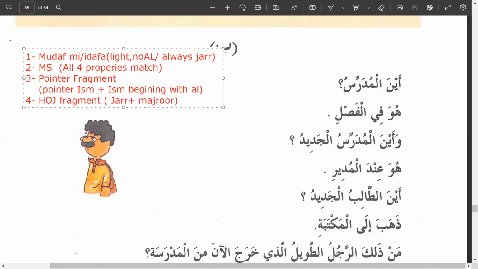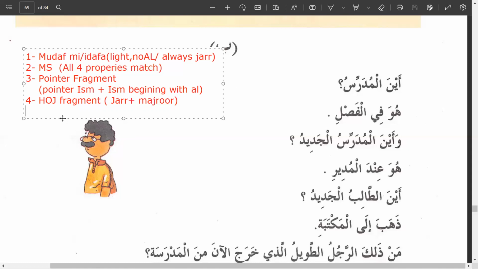The first word is harf jar, and after harf jar comes ism majroor. Ism majroor means the ism that is in which status? Jar status. When an ism is in jar status, it is called majroor.